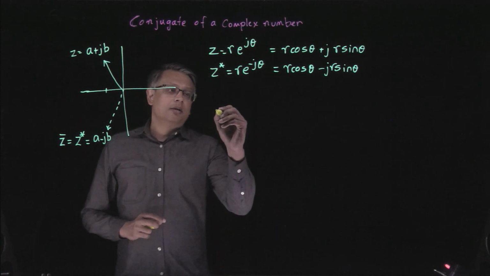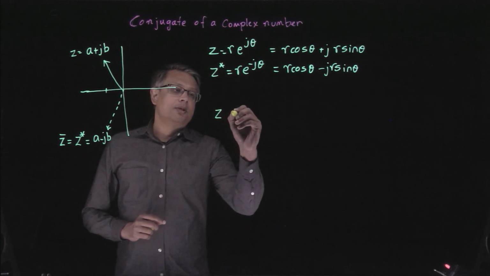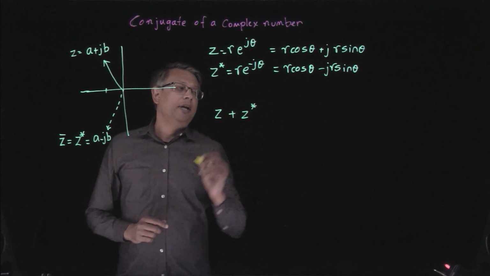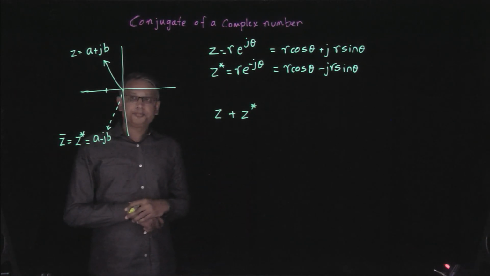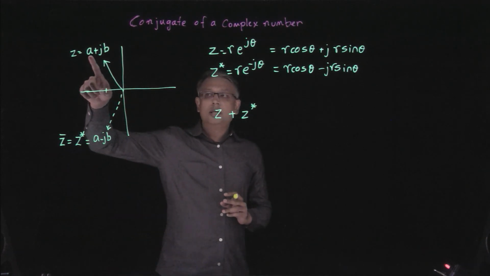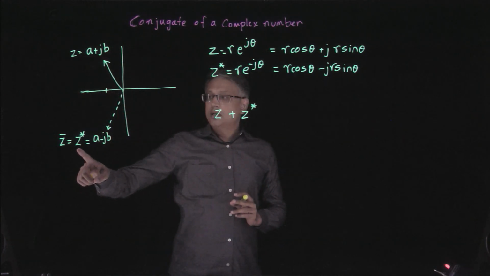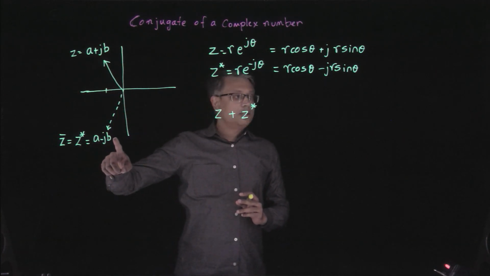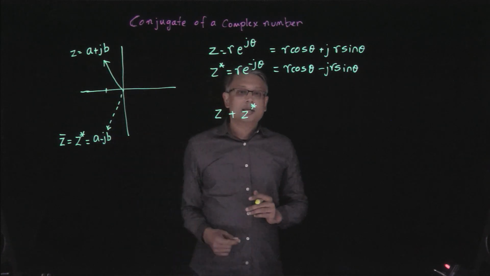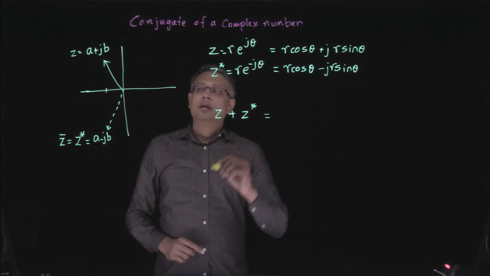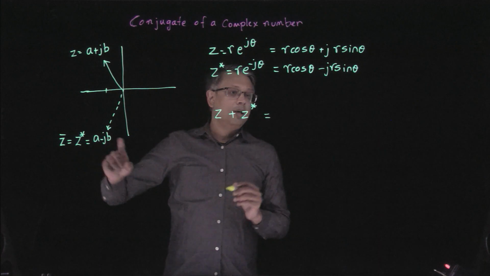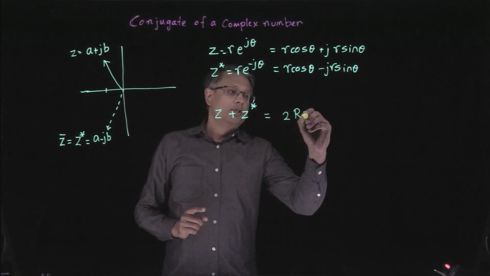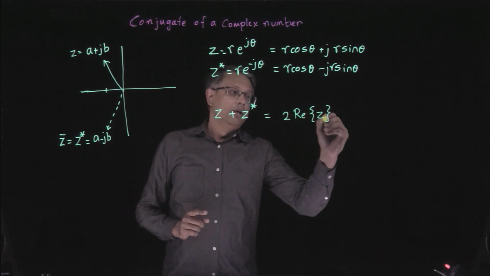So let's think about what happens when we add z and z conjugate. You can see that z is a plus j times b, and z conjugate is a minus j times b. So when I add z and z conjugate, what we get is simply 2 times a, or this is 2 times the real part of z.